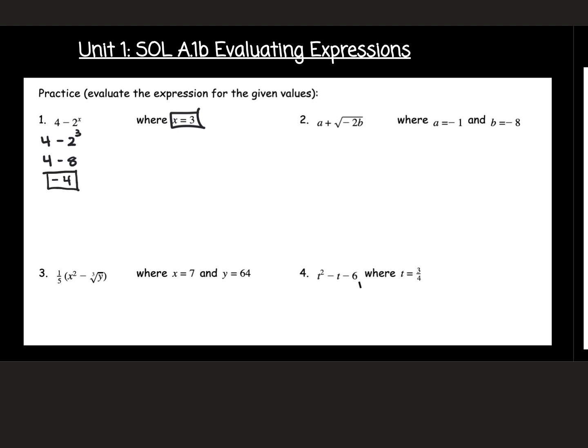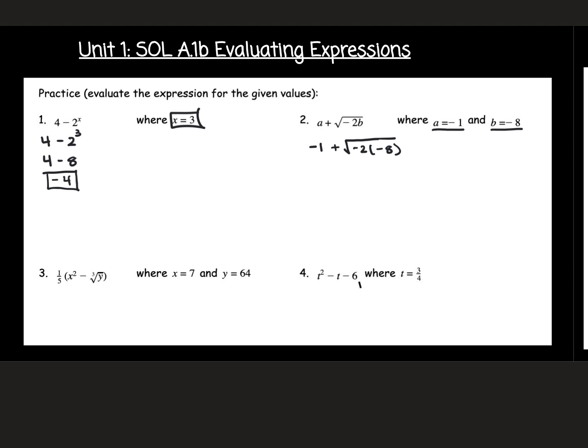All right. Number 2, instead of 1 replacement value, we now have 2. So we're going to evaluate this expression when A equals negative 1 and B equals negative 8. All right. So we have negative 1 plus the square root of negative 2 times negative 8.